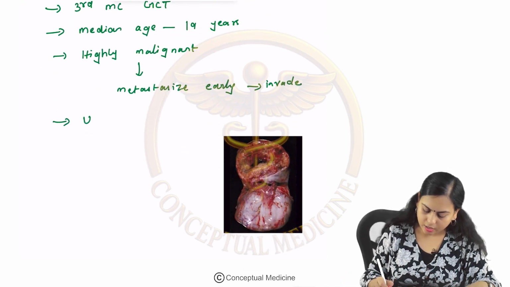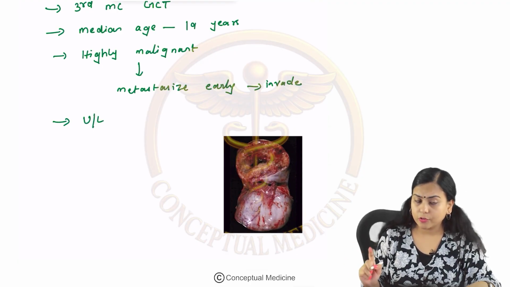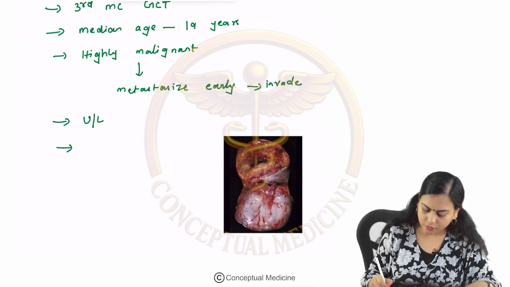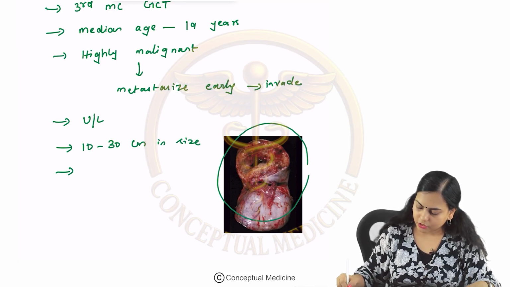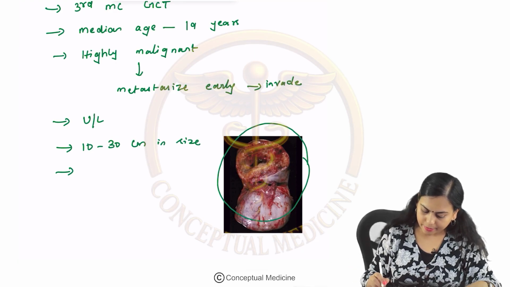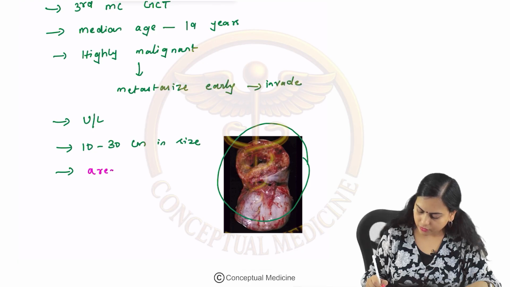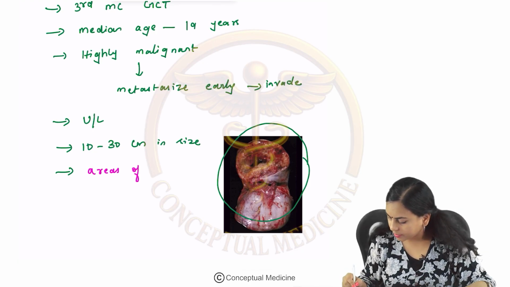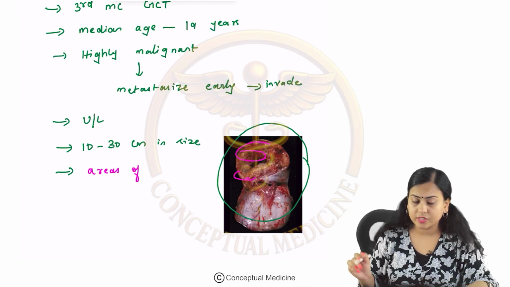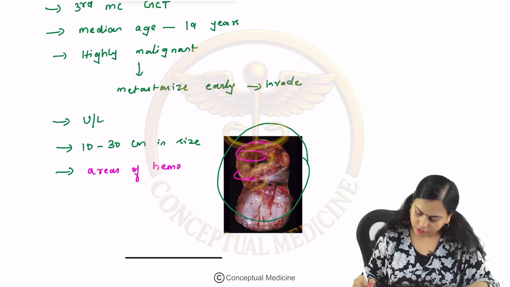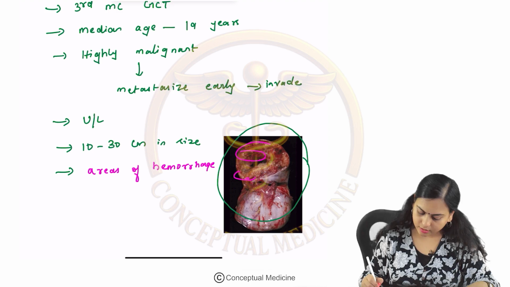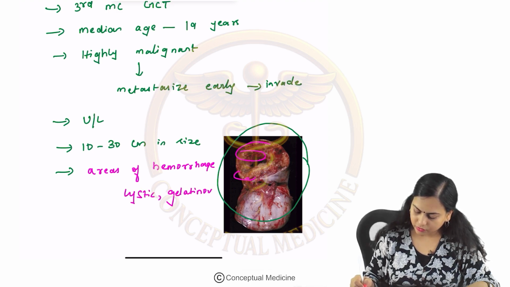These are almost always unilateral tumors, usually 10 to 30 centimeters in size. If you see the cut section of the tumor, you will be able to see areas of hemorrhage. You are able to see all this red color, right? So these are areas of hemorrhage, and cystic gelatinous changes are also present.